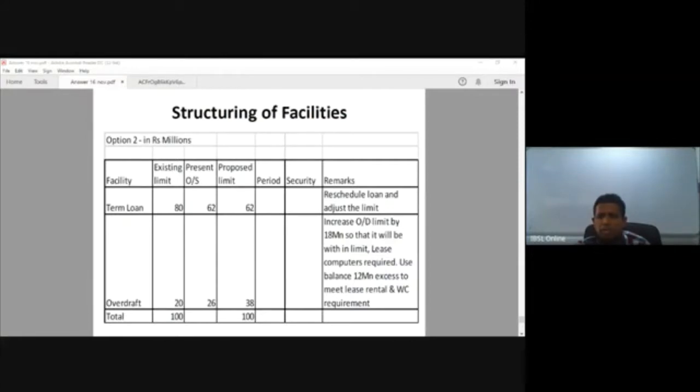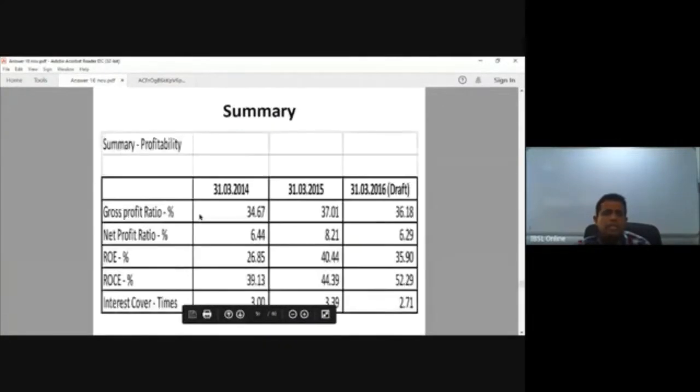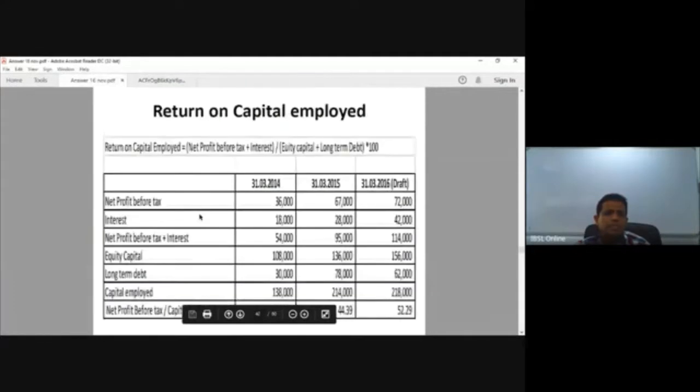Why do we take profit before interest and tax when calculating ROCE? Why do we take before interest and before tax?